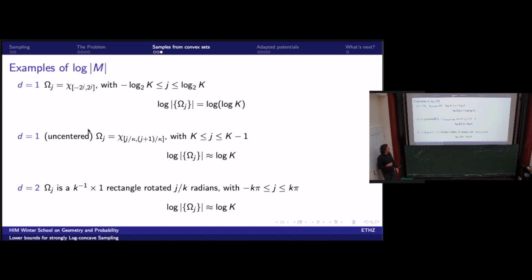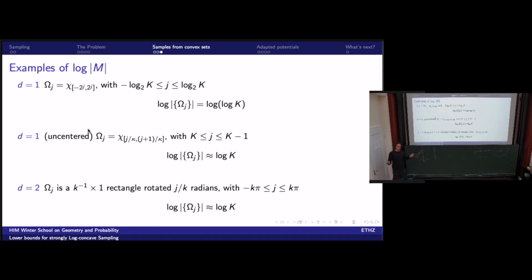Why did I claim that this problem was similar to the uncentered one in dimension 1? Well, I can just draw a line here and look at the intersections of my rectangles with the line. If I pick a generic line, they should be mostly disjoint, and what I'm going to get is again a copy of the example in dimension 1.